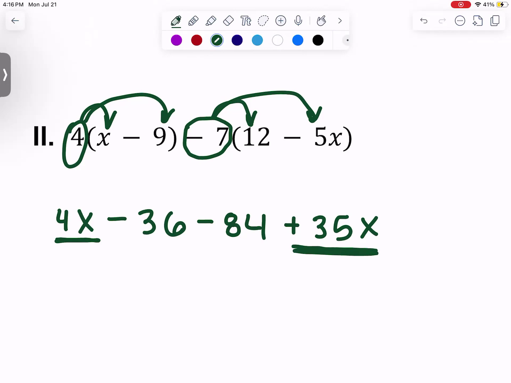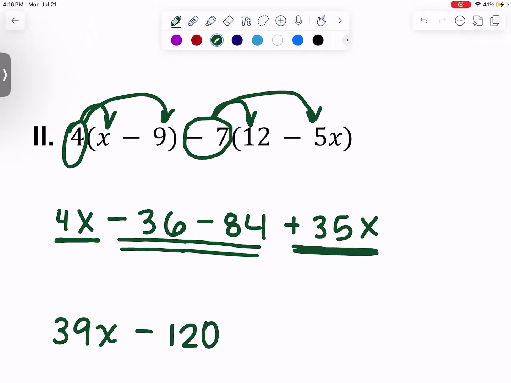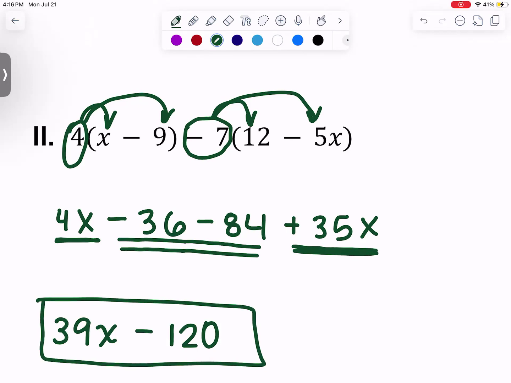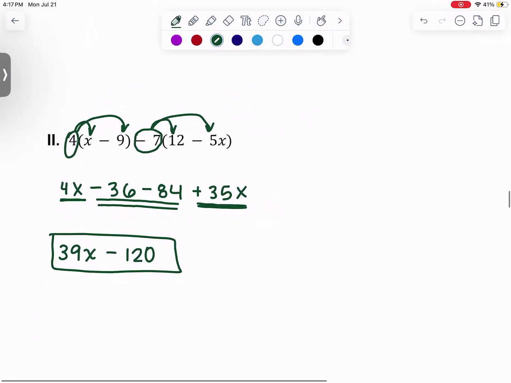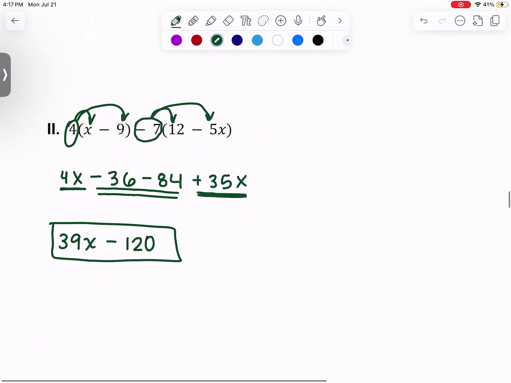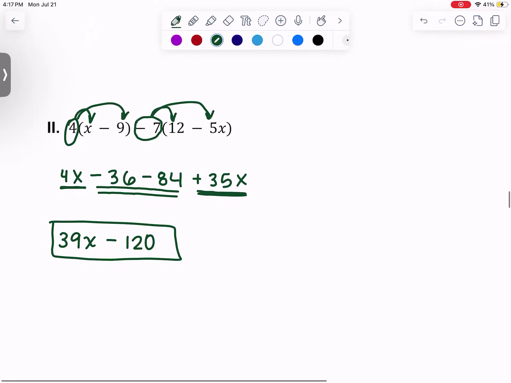We underline the constants twice, so negative 36 and negative 84. 4x plus 35x is 39x, negative 36 minus 84, negative 120. Simplified, can't combine any further. One has x, one is a constant.